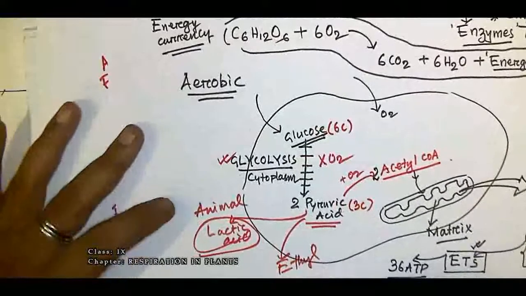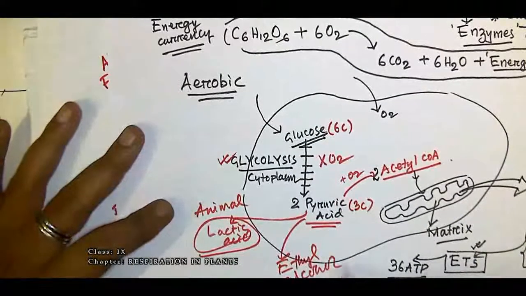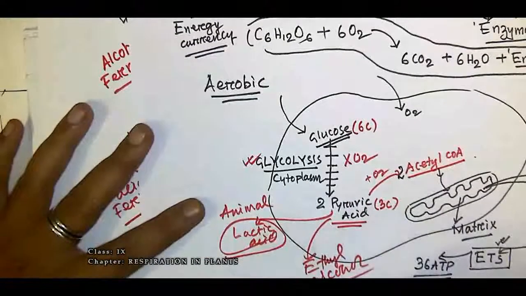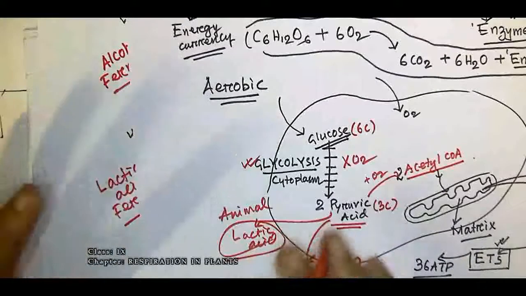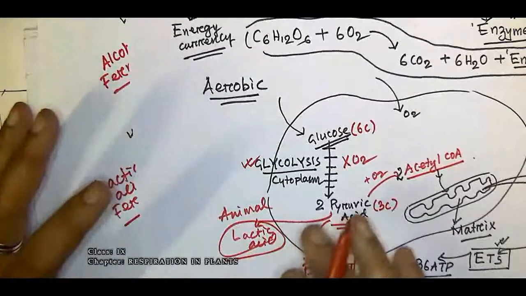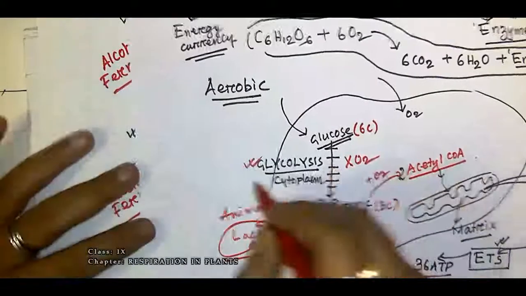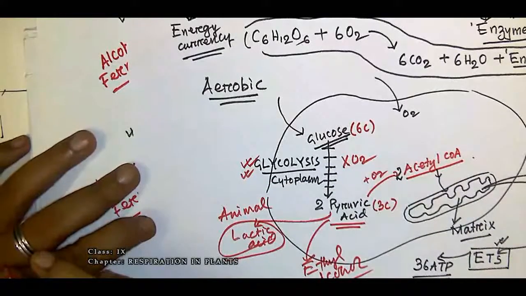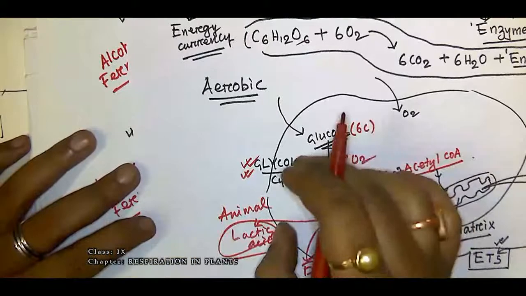Ethyl alcohol will be produced, right? Now, here the production of ATP is very, very less. Okay, so we are going to look into the process of glycolysis slightly in details in our next day's class.